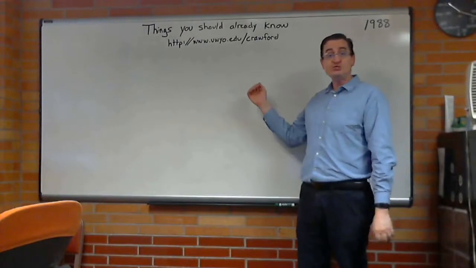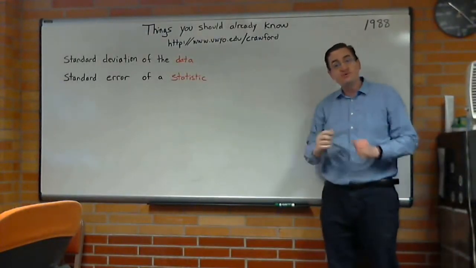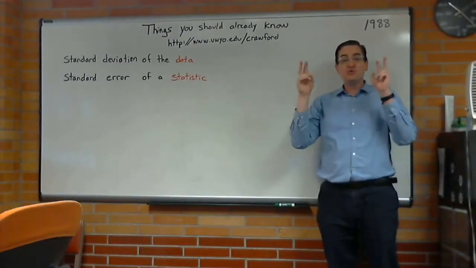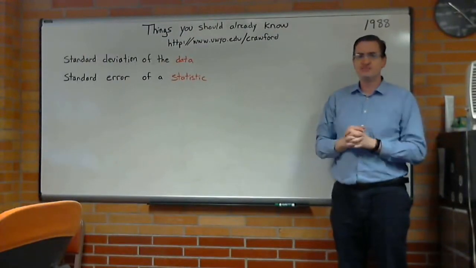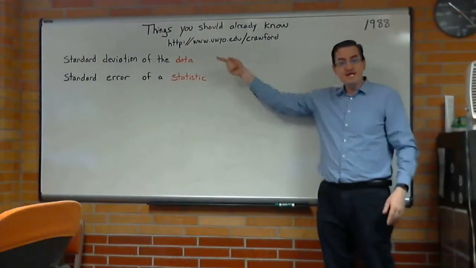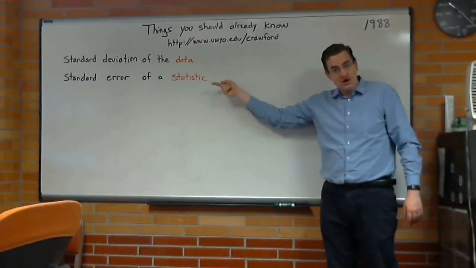For example, the first two terms, standard deviation of the data and standard error for a statistic. Very similar names. In fact, deviation or error, those words are kind of interchanged. The rules are not as clear as I wish they were. But the idea of, are we talking about how spread out the data is, or are we talking about how accurate our statistics are?